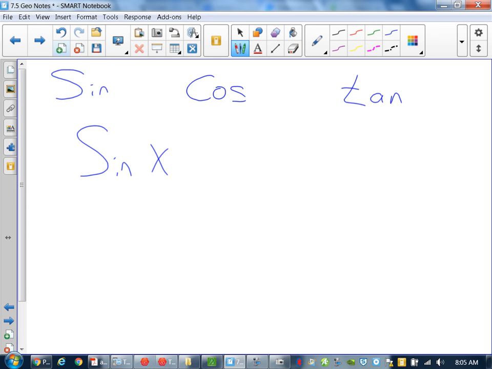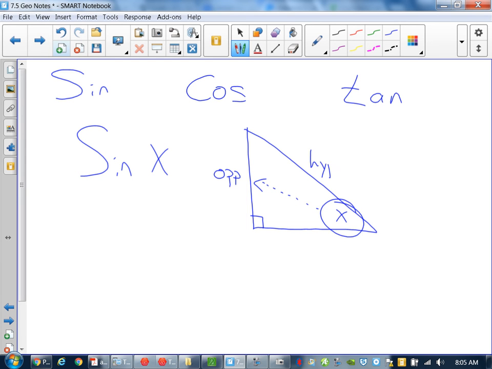When you are in a triangle, the sine of some angle is always going to be equal to the side opposite divided by the hypotenuse. So the sine of some angle in degrees is your opposite over hypotenuse.